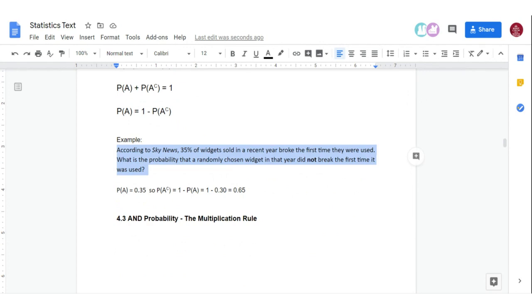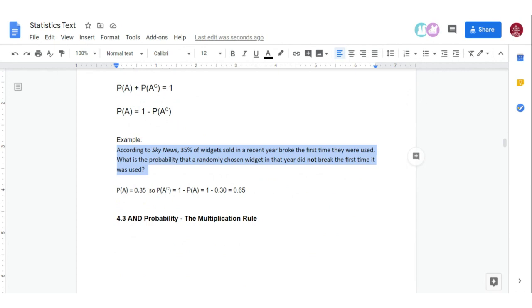So these two things are complements of one another. You've got the widgets that break, and then you've got the widgets that do not break. And those two things have to add up to probability of 1. It's sort of like with rain. If the probability of rain is 75%, then that means there's a 25% chance that it won't rain. And so 75 and 25 add up to one whole 100%.